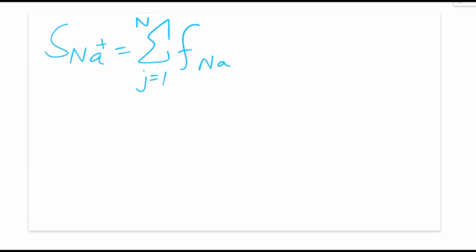Now let's apply the formula. First we write it down for sodium, then we'll write it down for chlorine, and then we'll add them up to find the net structure factor for sodium chloride. So first we'll write the structure factor for the sodium ion, and that equals the sum over J equals 1 to capital N of f_Na times the exponential factor e^(2 pi i (h x_j + k y_j + l z_j)).